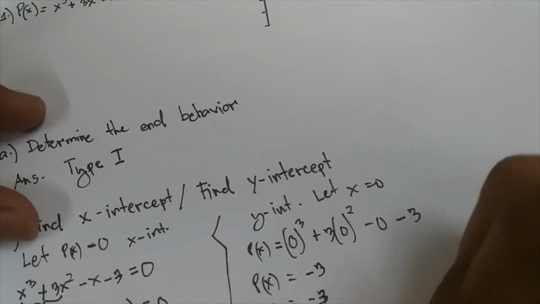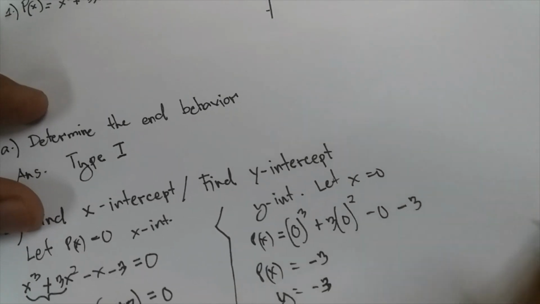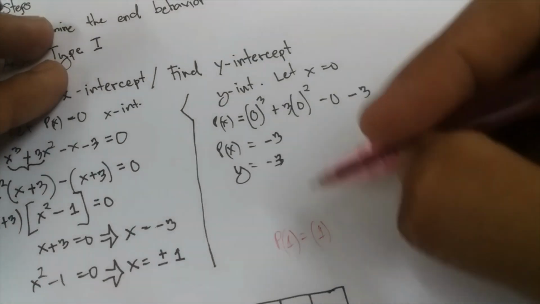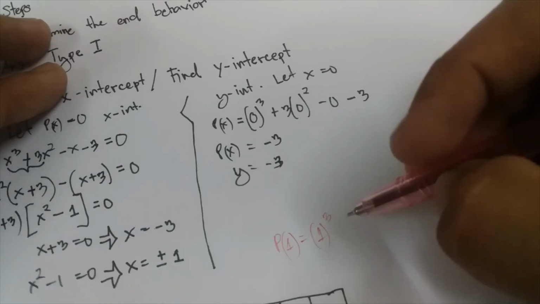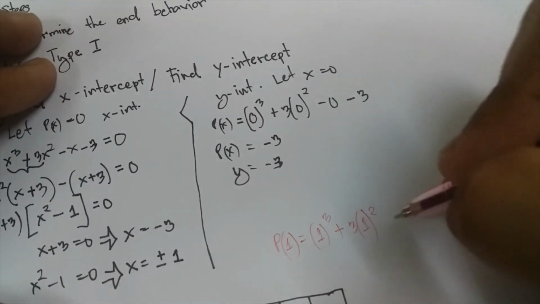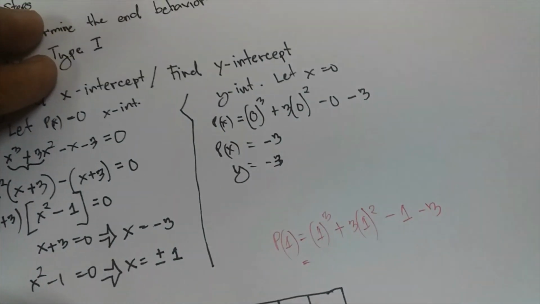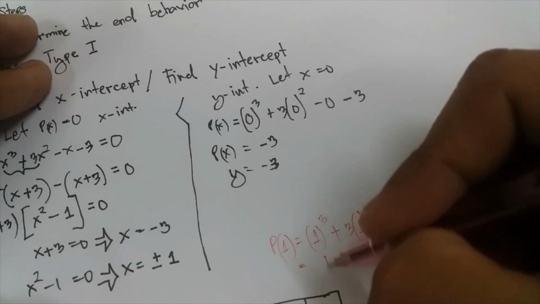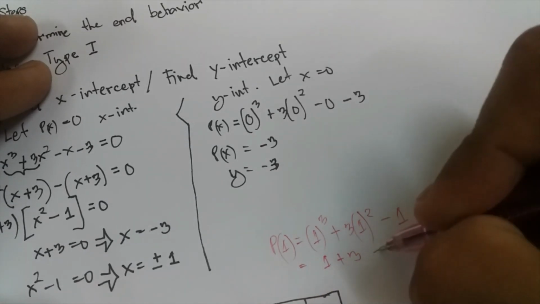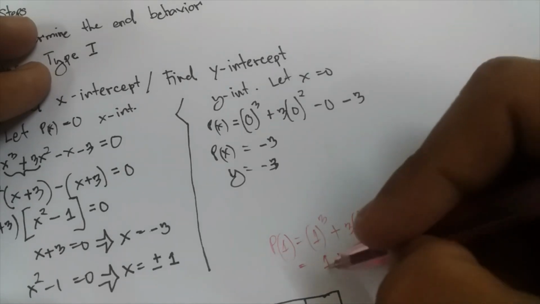So when x is 1, we have p of 1 is equal to 1 cubed plus 3 times 1 squared minus 1 minus 3. Okay, so this is equal to 1 plus 3 minus 1 minus 3. So we can cancel this one, cancel.